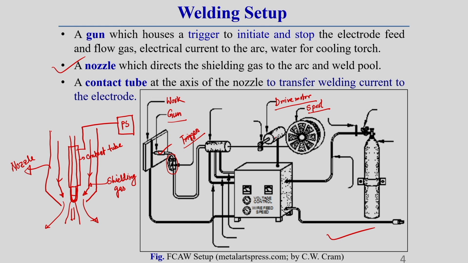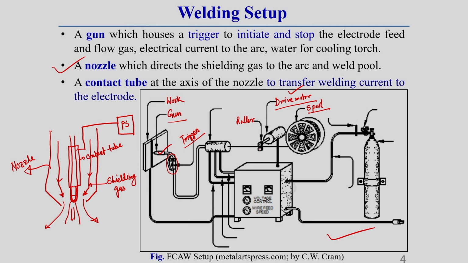So, this drive motor continuously drives the electrode from the spool to the nozzle using a motor driven pinch roller. This is a roller system which is motor driven; the drive motor drives this roller.